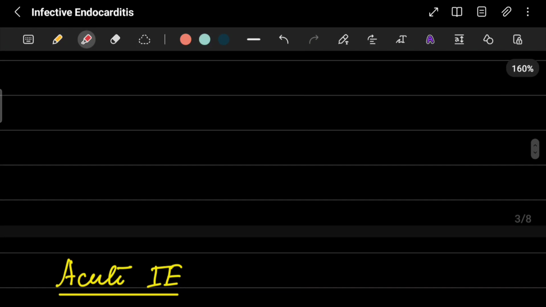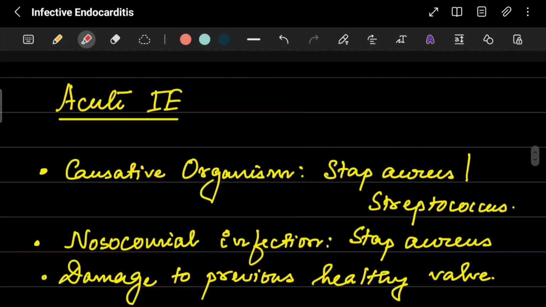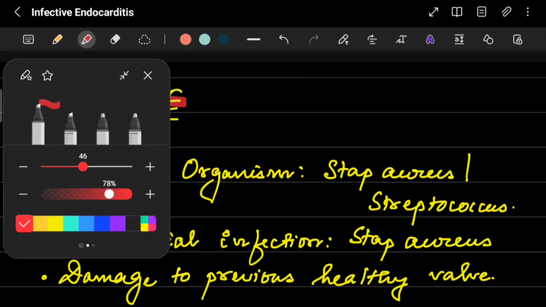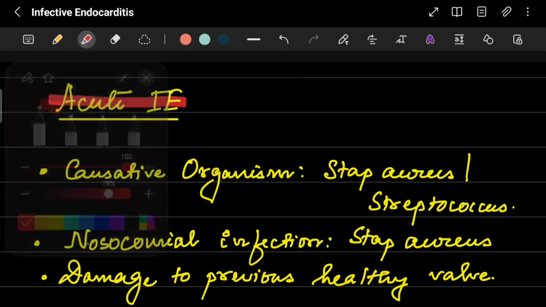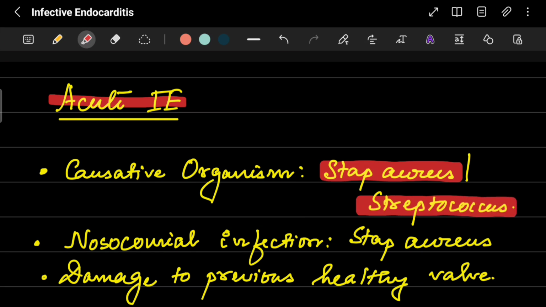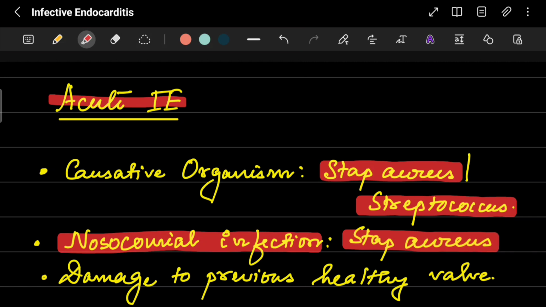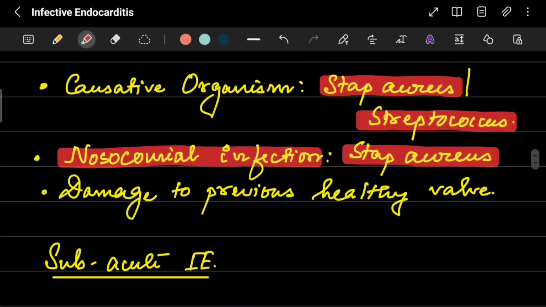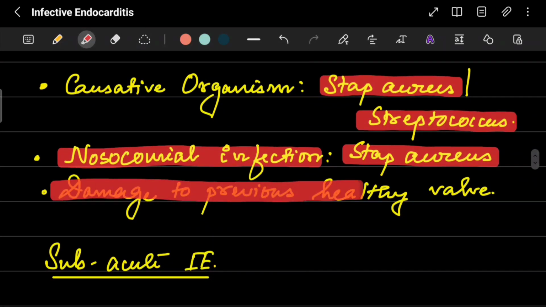Now let us summarize what we learned. In case of acute infective endocarditis, what happens? The causative organism is mostly Staph aureus or maybe Streptococcus. In case of nosocomial infections, the causative organism is Staph aureus solely, and it might cause damage to previously healthy valves.